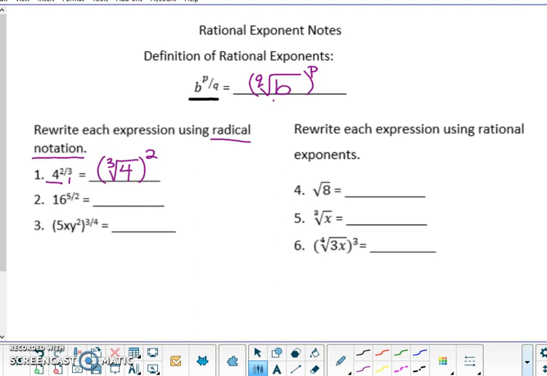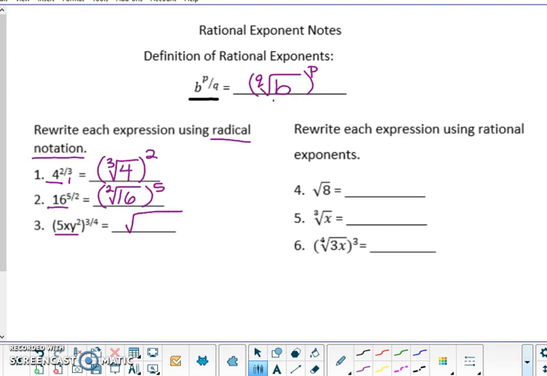We're just reorganizing data. So next one, we have 16 as our base. So 16 becomes our radicand. Our root is 2, and our exponent is 5. And finally, number 3, we have our base here is going to be 5xy squared.